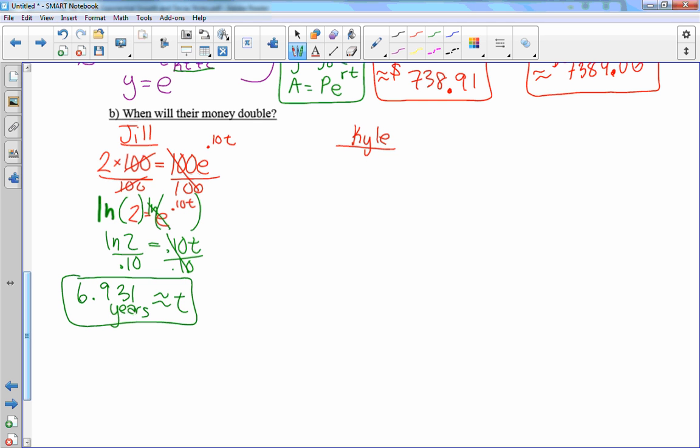You know what's going to happen? 2 times 1,000 equals 1,000 e to the 0.10t. Everything else is the same except for the 1,000, right? And 1,000 cancels. So, once you cancel that out, these steps are the same. So the answer is 6.931 years.